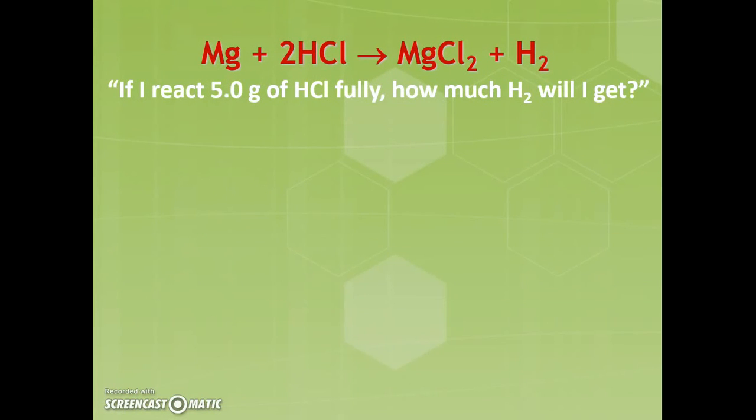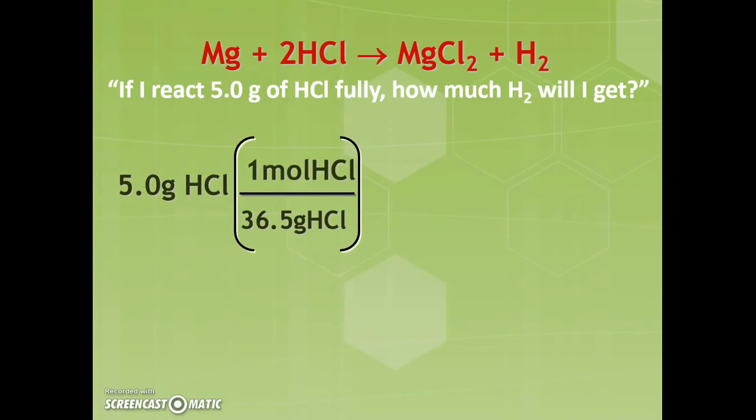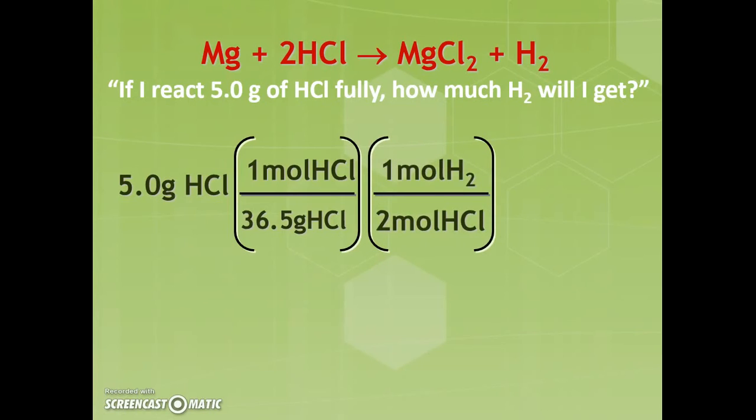So let's go through it quickly. We have 5 grams of HCl, and we divide by the molar mass of HCl to get the number of moles of HCl. Then we multiply by our stoichiometry term to get the number of moles of hydrogen.